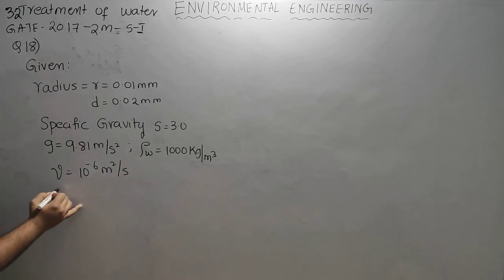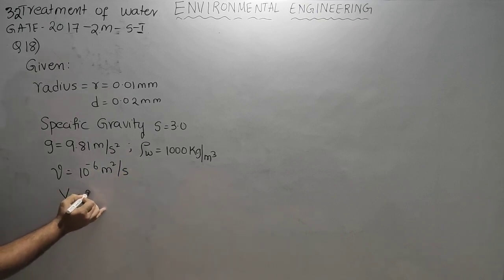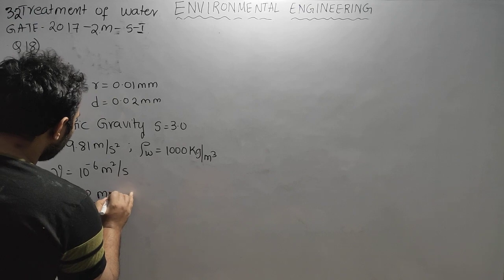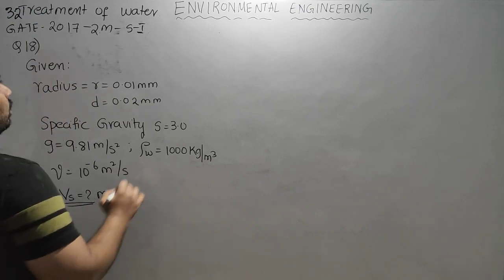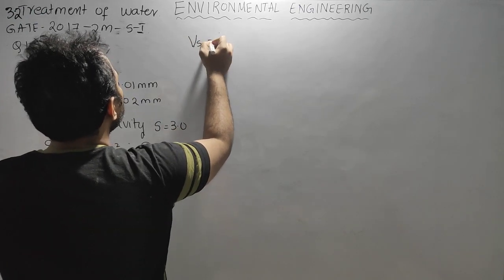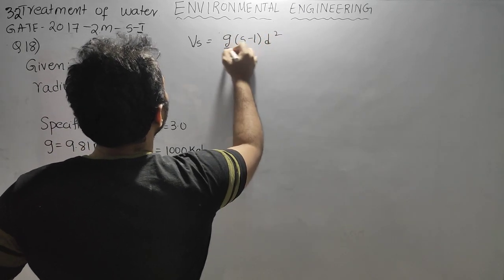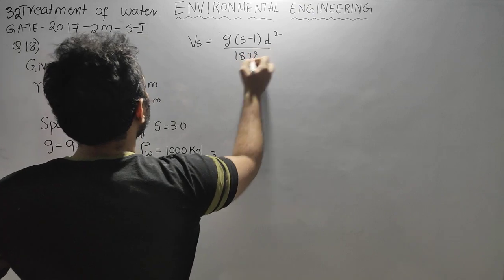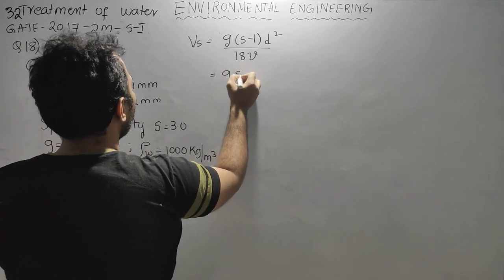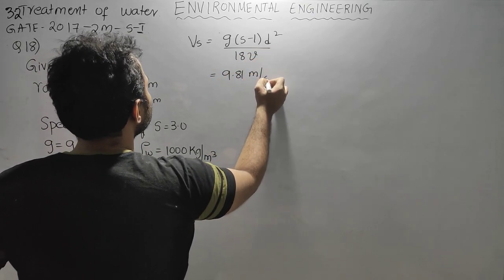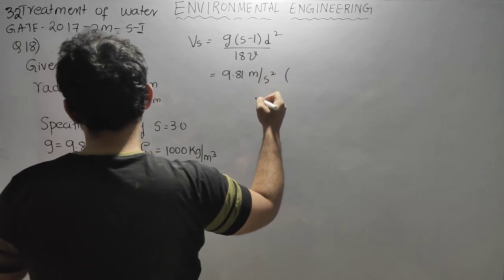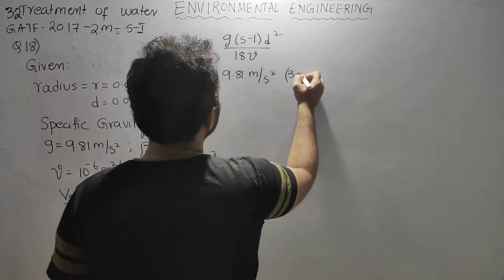So what is he asking? The settling velocity, in mm per second. Vs is equal to g into (S minus 1) D square by 18 nu. So g is 9.81 meter per second square, into S minus 1, which is 3 minus 1.